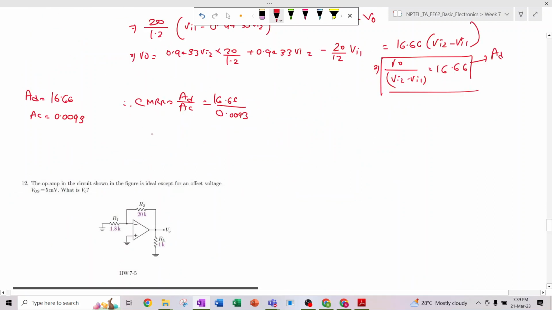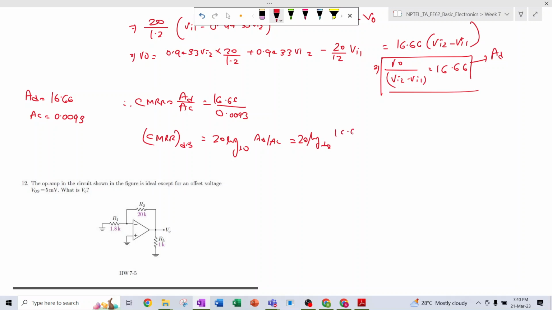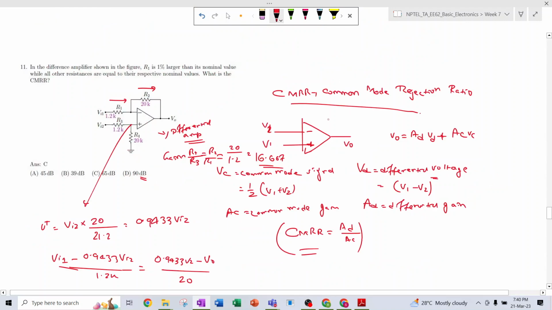So if we want to calculate CMRR in dB, as it is a voltage gain, it will be 20 log 10 of AD divided by AC. So 20 log 10 of 16.66 divided by 0.0093 gives 65.06 dB. So the correct answer will be 65 dB.